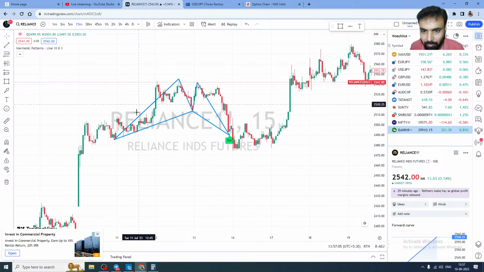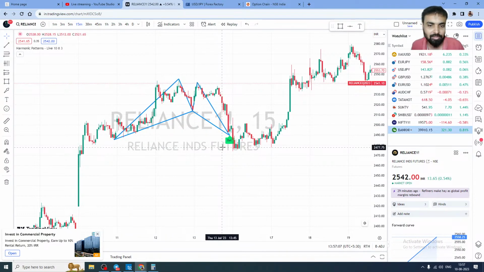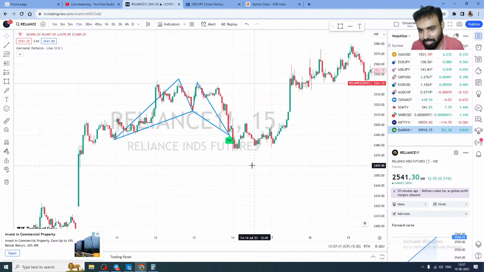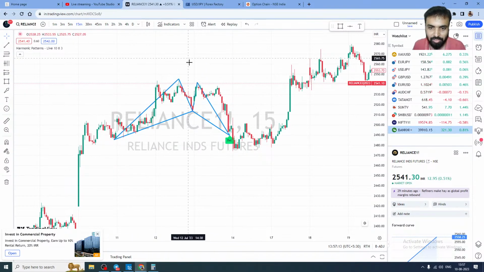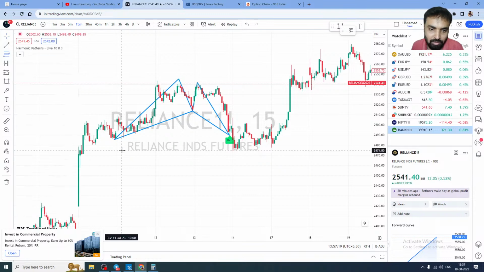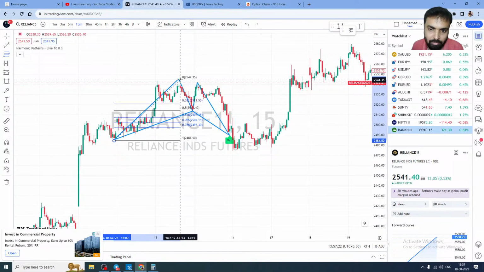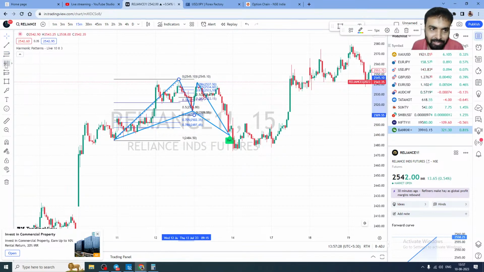It looks like a butterfly, so they say butterfly pattern. Bat pattern, or it says bat, right? It's a bat pattern. So how is this harmonic pattern created? Based on the Fibonacci levels, from low to high, from high to low, then some high to low. So they are doing some calculation, and based on that only they are creating these patterns.